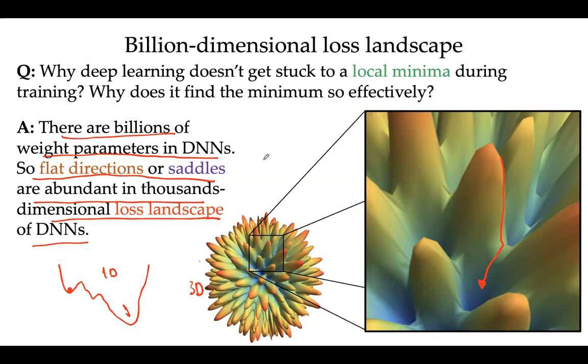It looks like it's a bad thing to have multiple minima, but because of the high-dimensional loss landscape, it's actually a good thing, because you have a lot of flat directions and saddles, so the training becomes really effective.